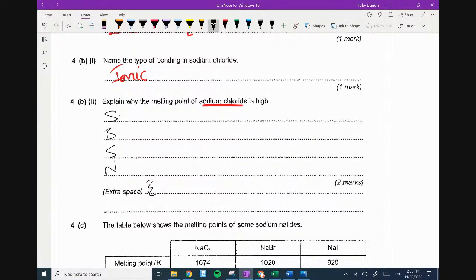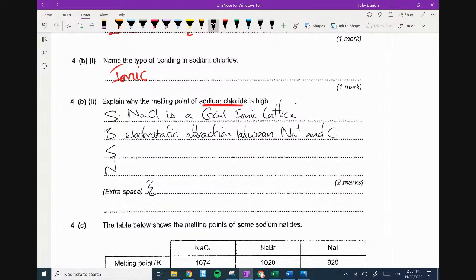Giant ionic lattice. Sodium chloride, NaCl, is a giant ionic lattice. Electrostatic attraction between Na plus and Cl minus ions. Electrostatic attraction, very strong.